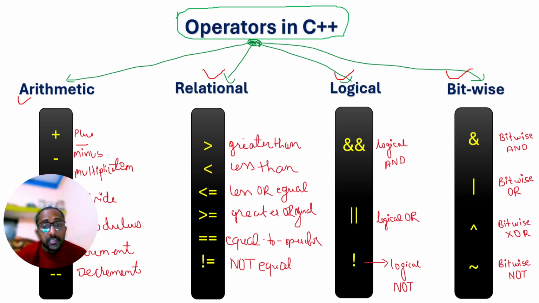In logical operators, we have logical and, logical or, and logical not, which is the exclamation symbol. Logical operators are used to combine multiple conditions or to compare Boolean expressions, like true or false.